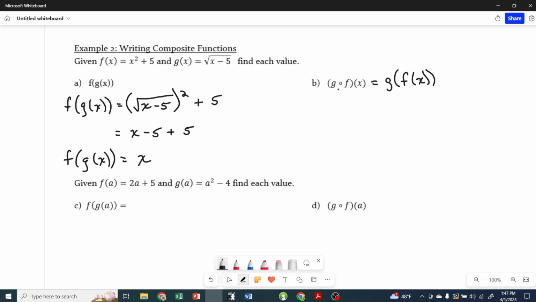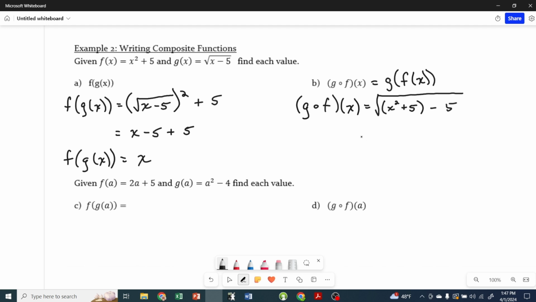Okay, so now we've got g of f of x. So we're going to take f of x and plug it into g of x. We'll use what they gave us. g of f of x is equal to, I take the square root and I plug in x squared plus 5 in parentheses minus 5.